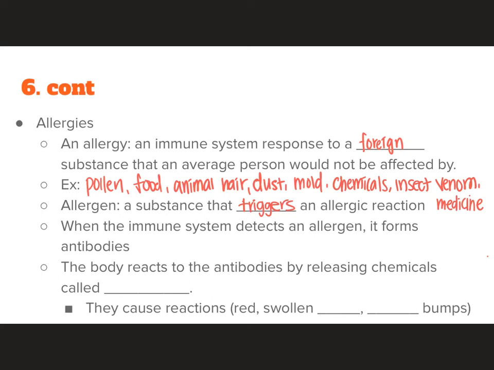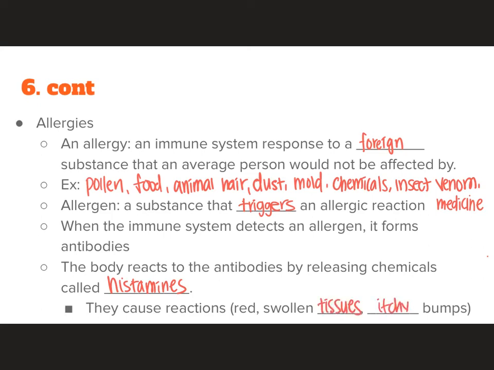These are like stickers that identify certain pathogens or allergens as foreign. So the body creates the antibodies, and they release a chemical called histamines. When they create these histamines, they cause reactions such as redness, swollen tissues, and itchy bumps.